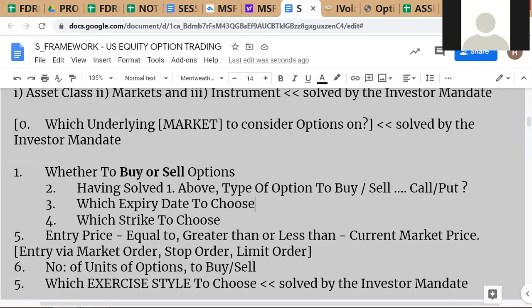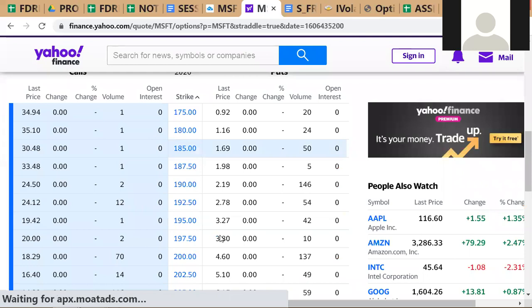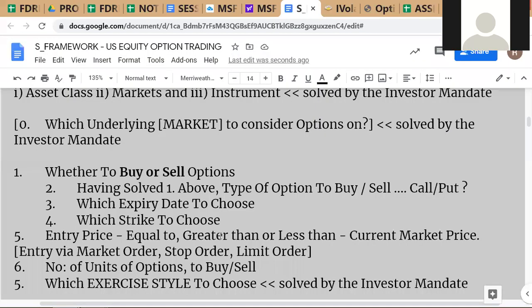This is already coming from our earlier list. This is our DP4. And so in the case of option trading, you will take a decision whether to buy or sell options, whether you want to be a buyer of options or you want to be a seller of options in that particular market. When you're looking at, say, Microsoft options, do you want to be a buyer of options or a seller of options? So you take that decision. You'll see that that's how the decision gets taken.